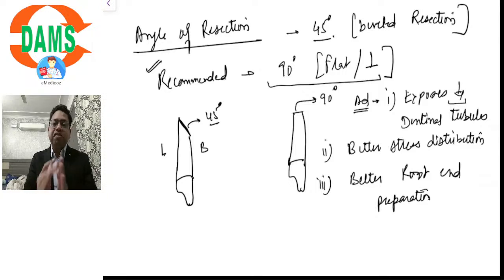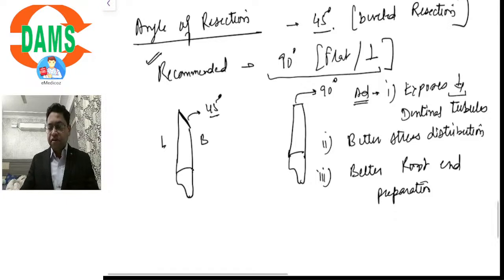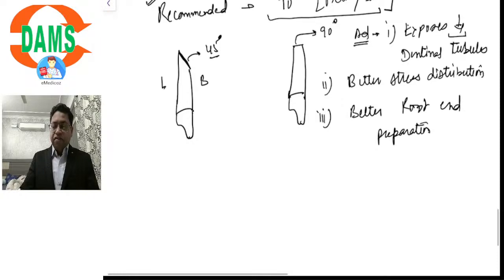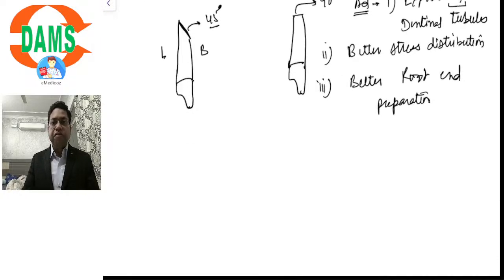If there is an oblique surface, the stability of the root end preparing instrument would be less as compared to on a flat surface. So better root end preparation is achieved when we are going for a 90 degrees of flat or perpendicular resection as compared to a beveled resection. These are the two important aspects of root end resection.